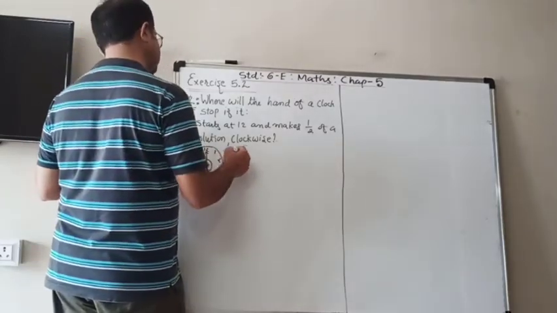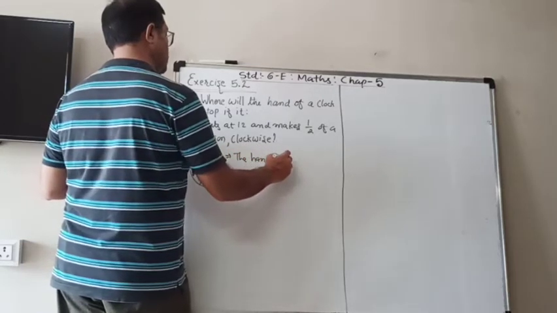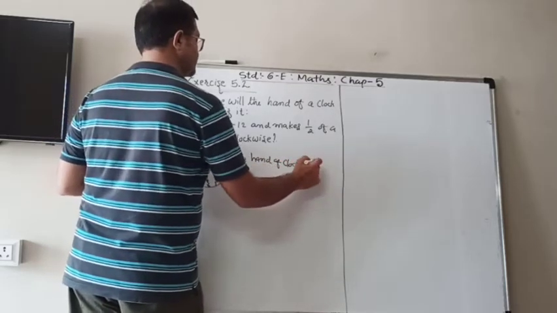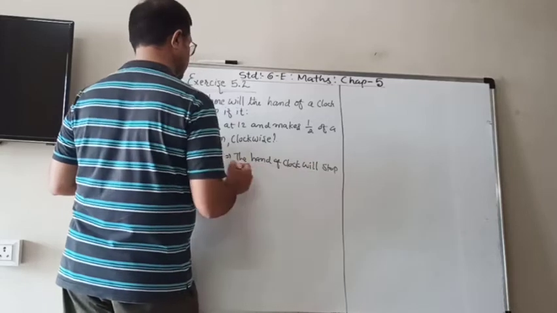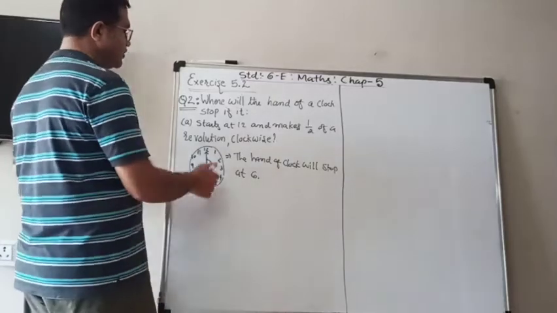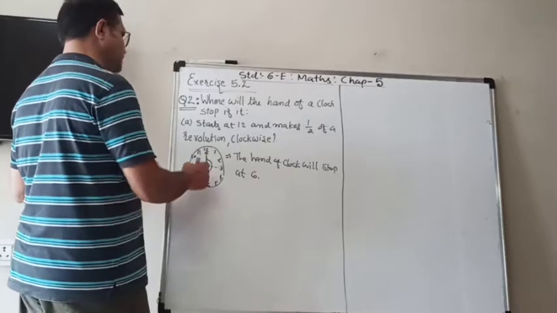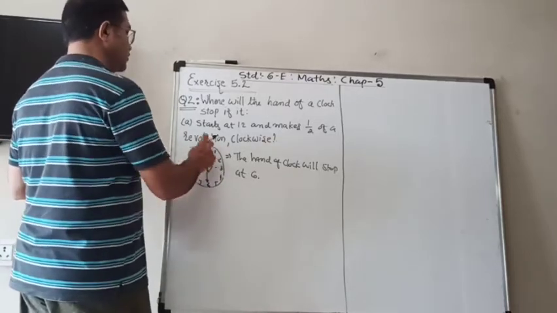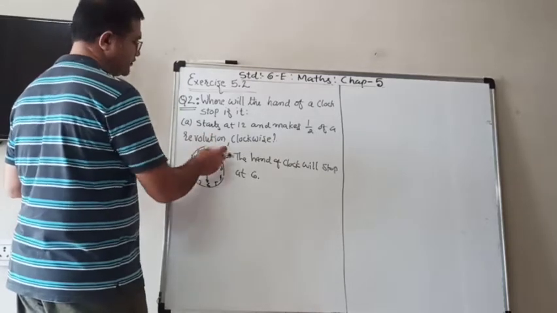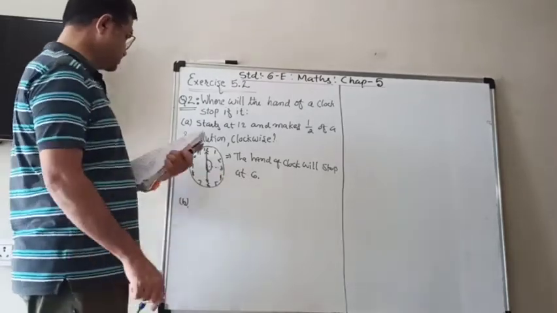So you can say that the hand of clock will stop at 6. Half a revolution means two right angles. One right angle and the other right angle clockwise. So if it is a full revolution, then it will come back to 12, but it is half revolution. So it stops at 6.